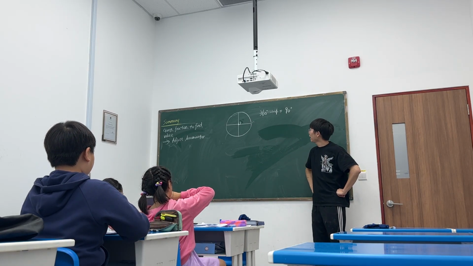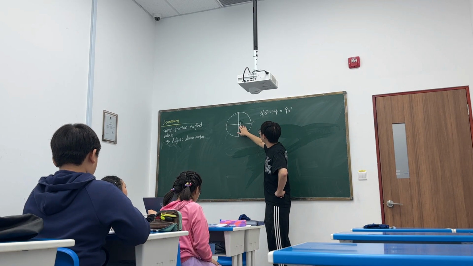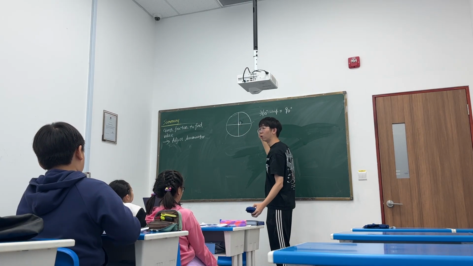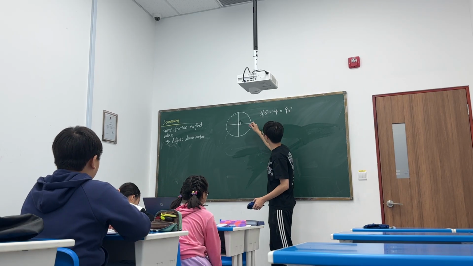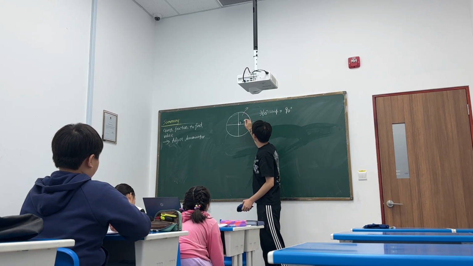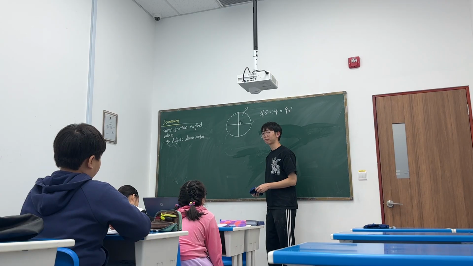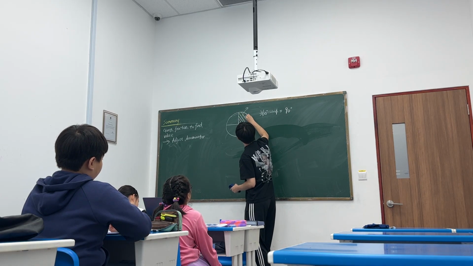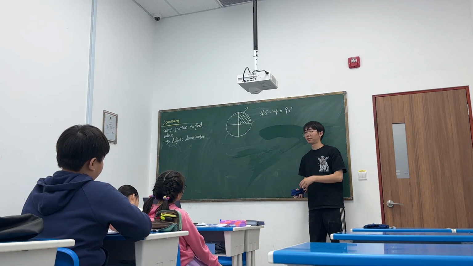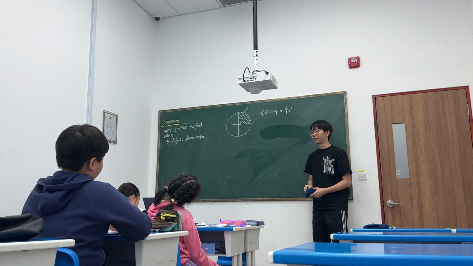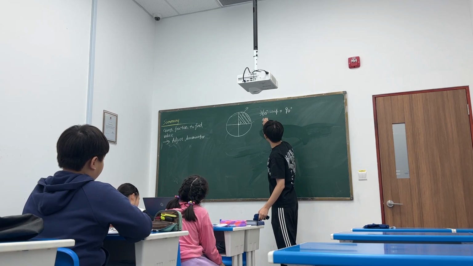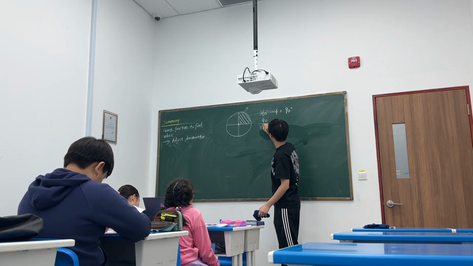Now, this right angle, so it means if you have a 90-degree subpart here, it takes up how many parts of the whole? If we want to represent it as a fraction, what fraction does this represent? For this part. So 90 out of 360, right?